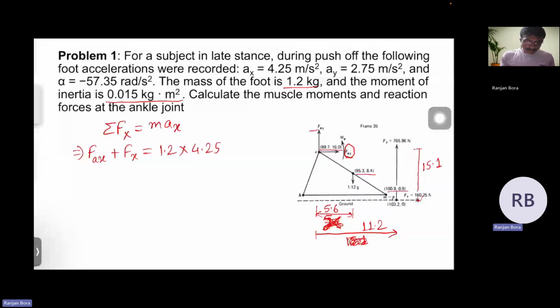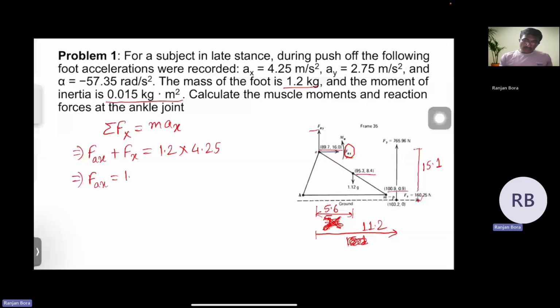Okay, from here, Fax is 1.2 into 4.25 minus 160.25 equal to minus 155.15 Newton.